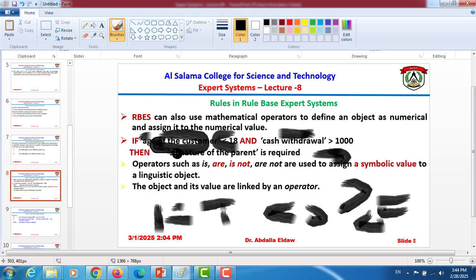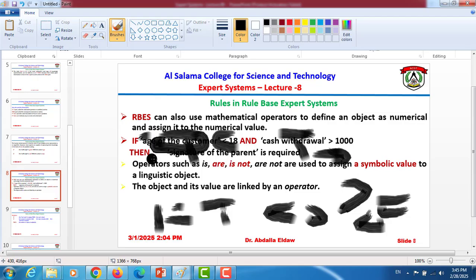For example, the if part must be true, and the part that comes after the and must also be true. When this is true and this part is true, at that time the part that comes after then will be true.